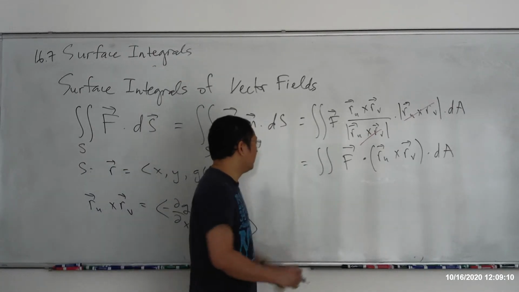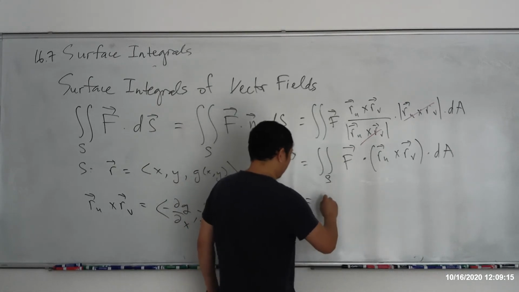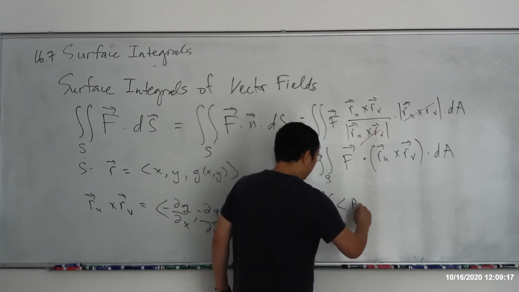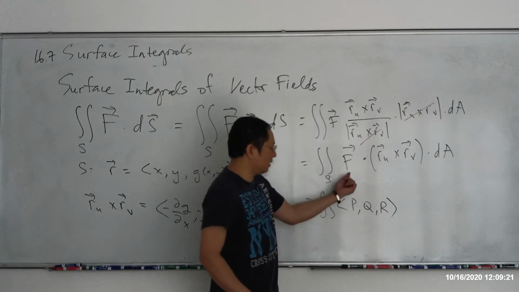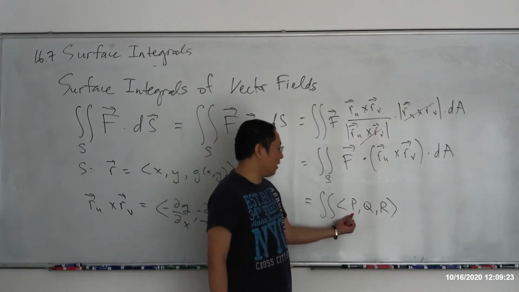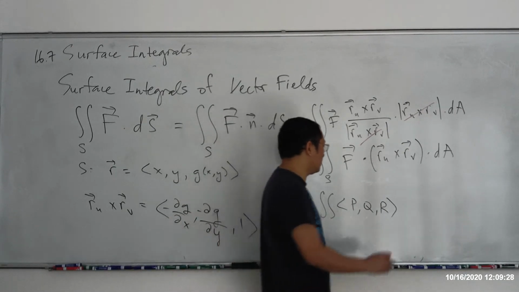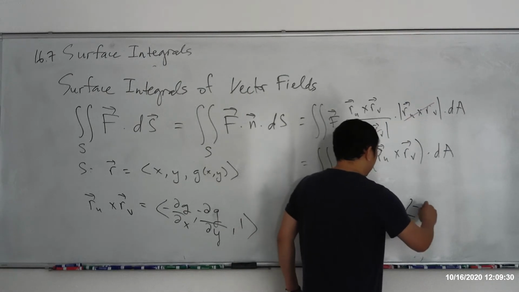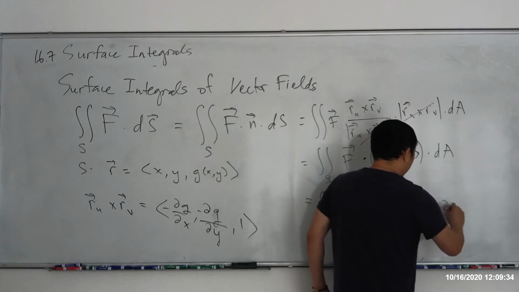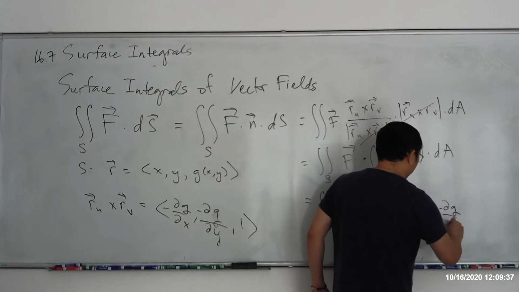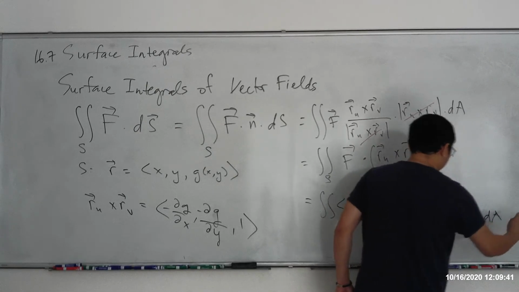And then F is just a vector field, so we defined it before over region S. This is P, Q, R. Remember this notation for the vector field F, where P is a function of x, y, z, Q is another function of x, y, z, and R is another function of x, y, z. And then you dot with negative dg over dx, negative dg over dy, and 1, times dA.